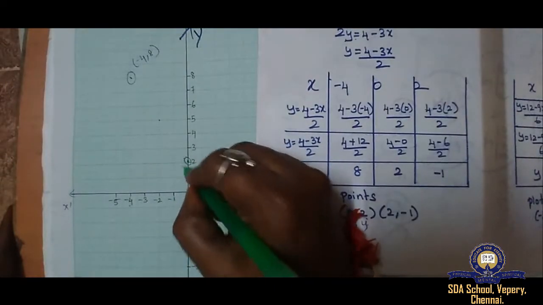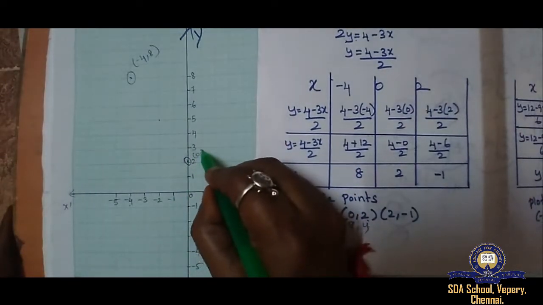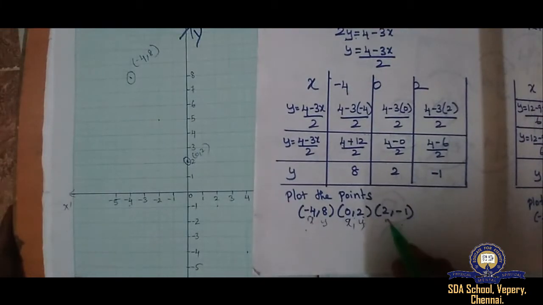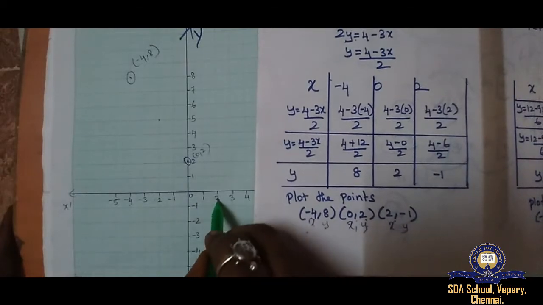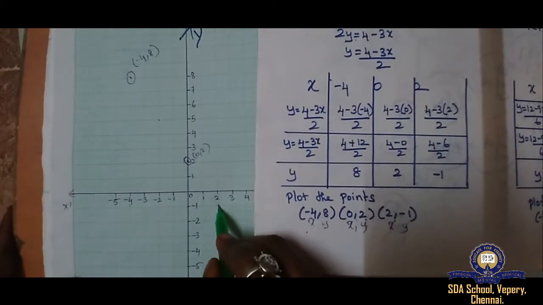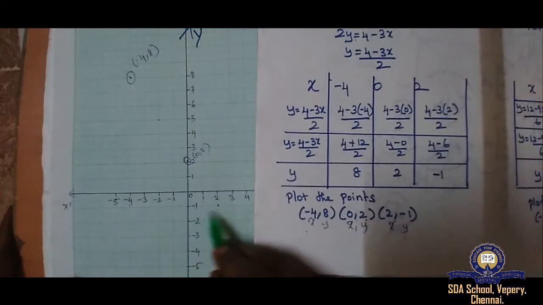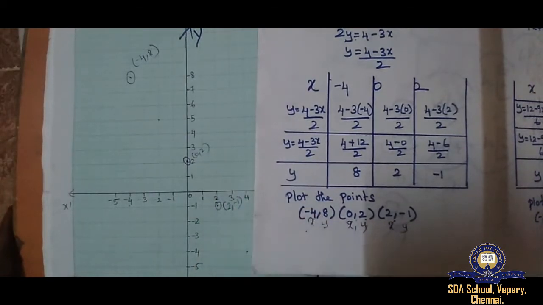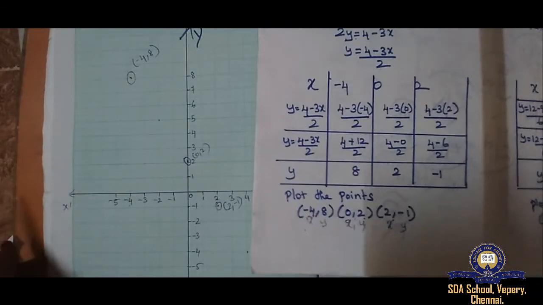It lies here. Next, 2 comma minus 1. X is 2, y is minus 1. X 2 is here, y minus 1 is down. See? 2 comma minus 1. Next, we'll go to the second tabular column.